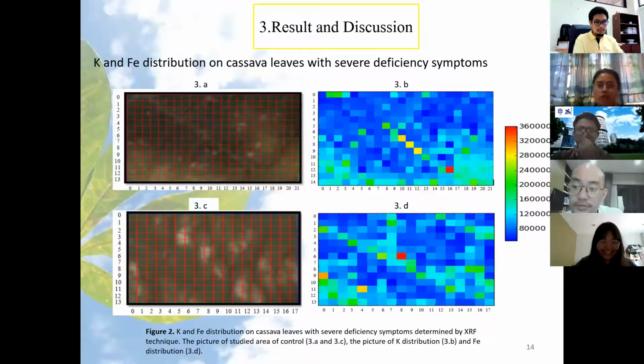The tip leaf differs for potassium and iron in the severe position, because potassium is in the old leaf and iron is in the young leaf. From the old leaf, they move through to the tip leaf, because it affects plant growth, something like that.